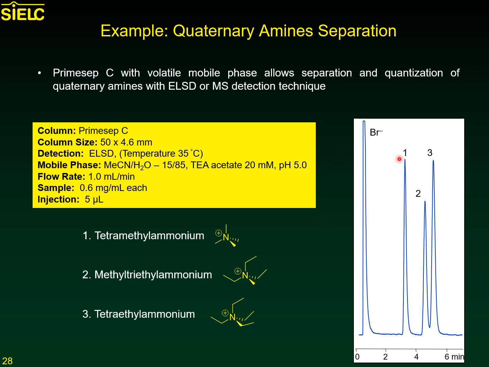However, they are able to elute at different retention times due to their different degree of alkyl substitutions. Tetramethylammonium contains the smallest alkyl groups around it and thus elutes first. Methyltriethylammonium elutes second, as 3 of its 4 methyl groups are now longer in length. And tetraethylammonium elutes last of these 3 compounds, as all of its 4 alkyl groups are longest compared to the other 2.